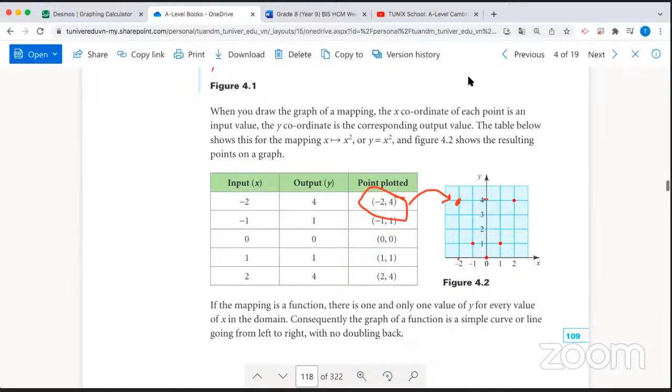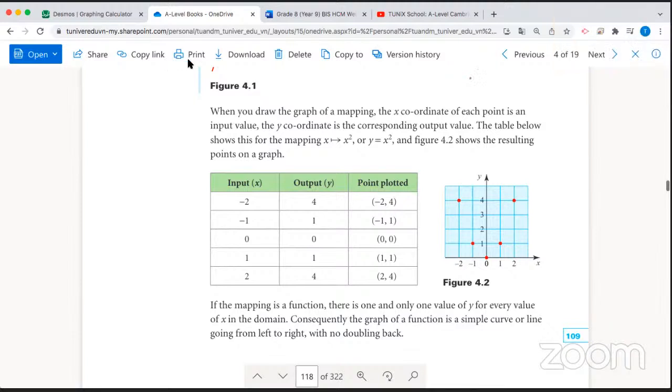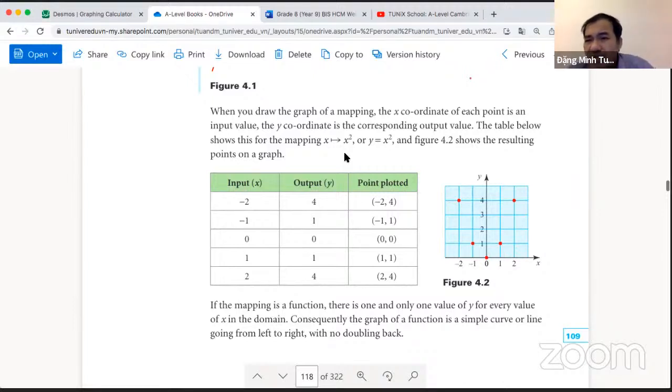Function. So one to one, many to one. Yeah. One value of x cannot link to many values of y. So is this function language?